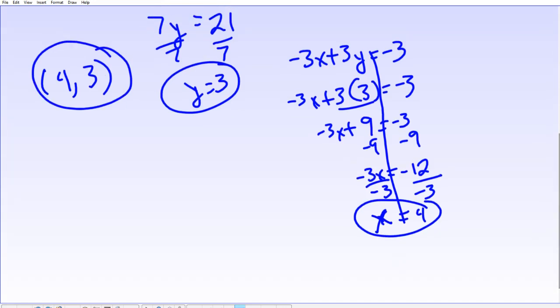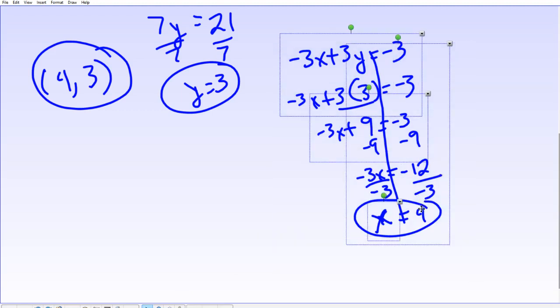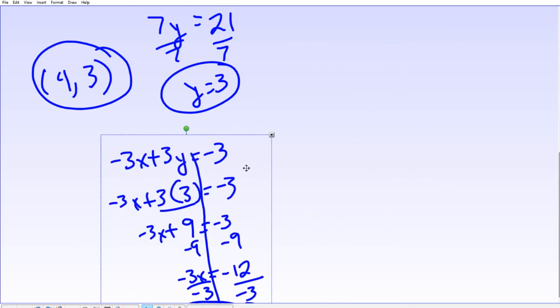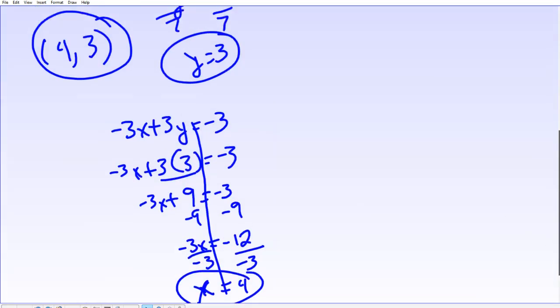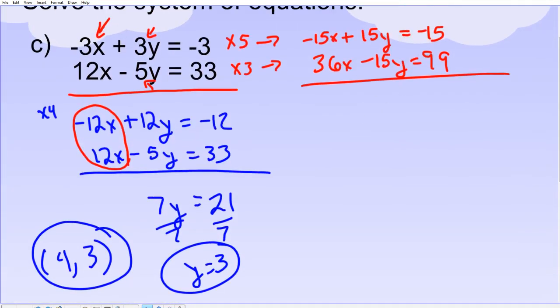Now, just to make sure I'm not lying to you, I'm going to solve this red one here. I'm not going to do the whole problem, but I'm going to solve this one the way we have it set up. If I add here, these two eliminate. What's left over?